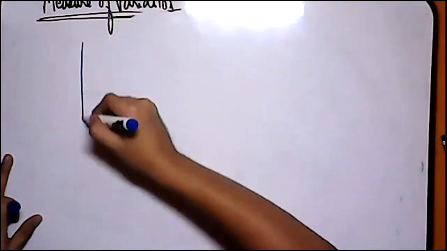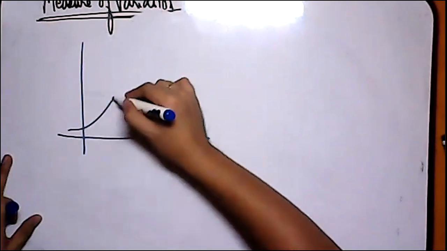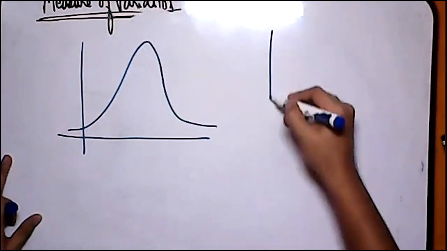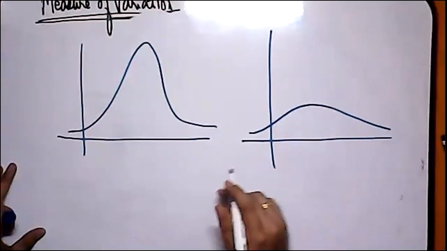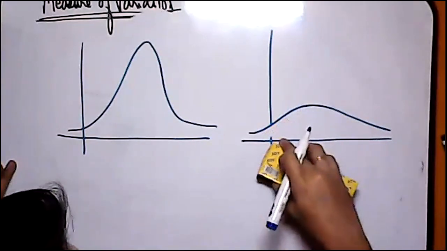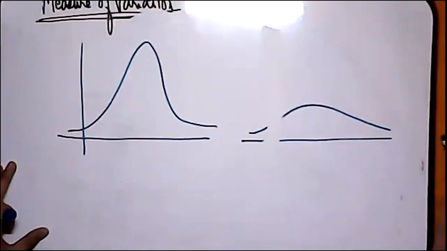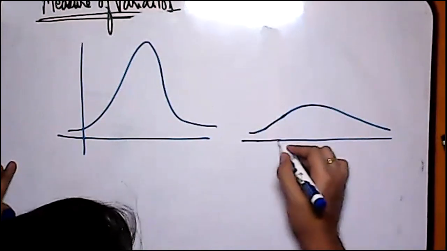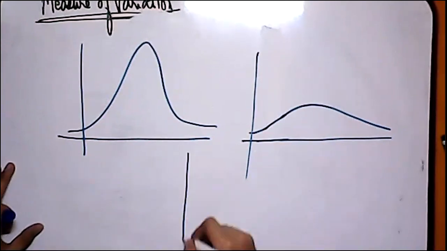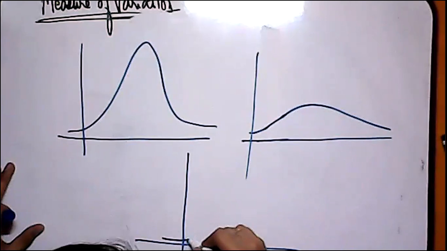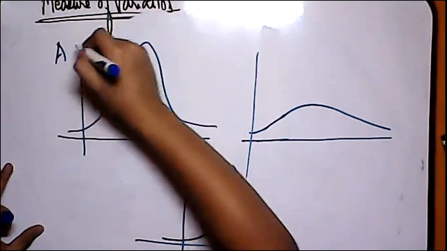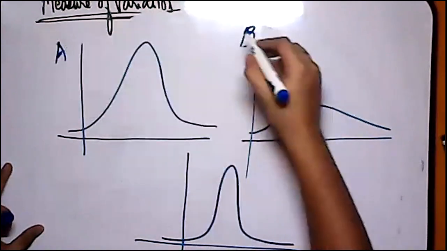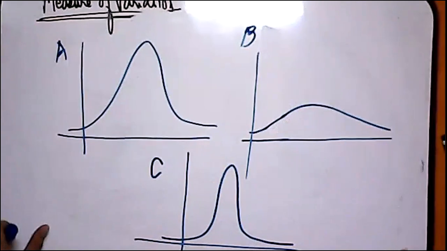For example, we have normal curve A, normal curve B, and normal curve C. These are all normal curves, but they differ in a sense.